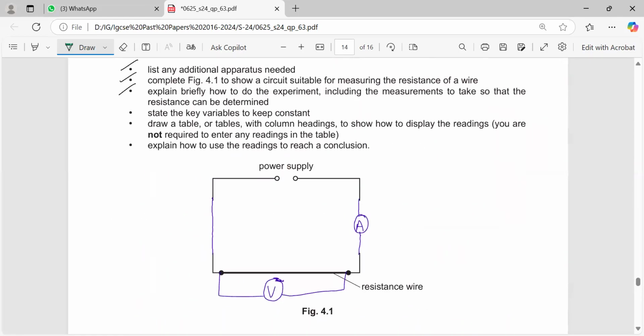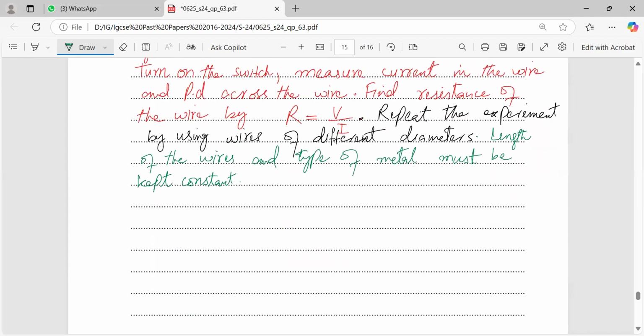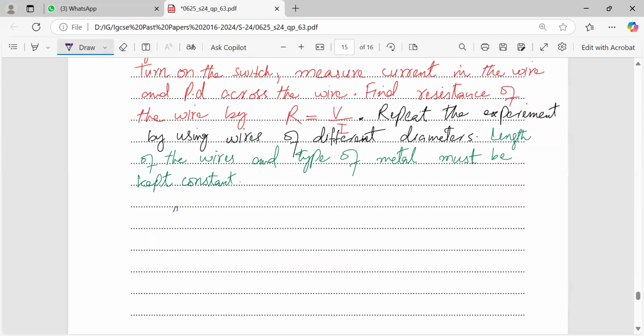Then draw a table with column headings to show clearly how to display the readings. You are not required to enter any readings in the table. Now, for this table, definitely we write first of all the independent variable, which is the diameter. Diameter in centimeters. Then voltage in volts.